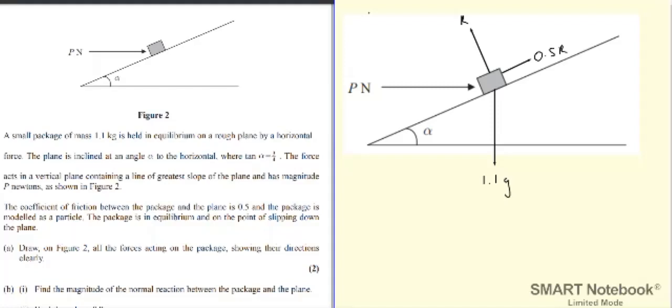Now, this would have got you the marks. Ideally, we don't just want to rely on this. Because we know we're going to have to solve this, we want to break these into parallel and perpendicular to the plane. That is going to be going downwards here like so.